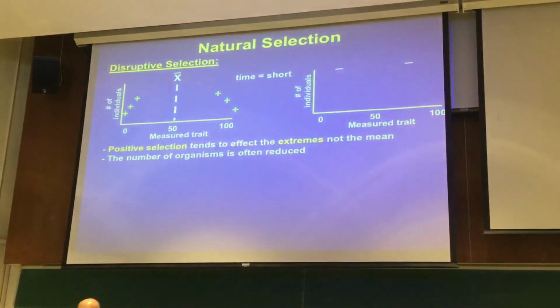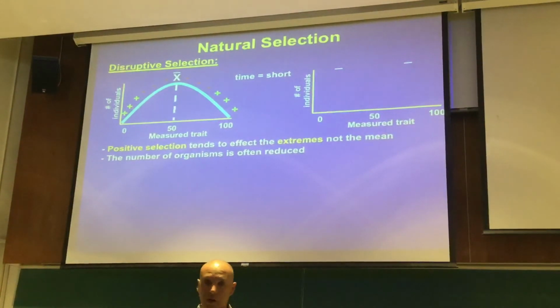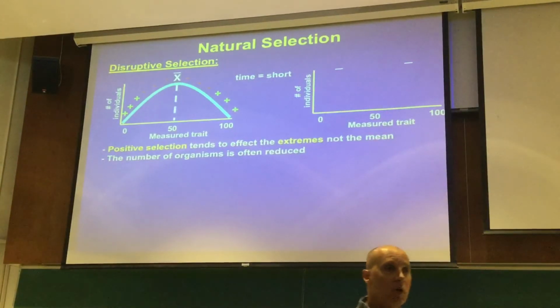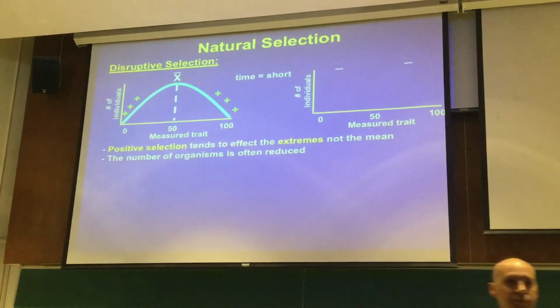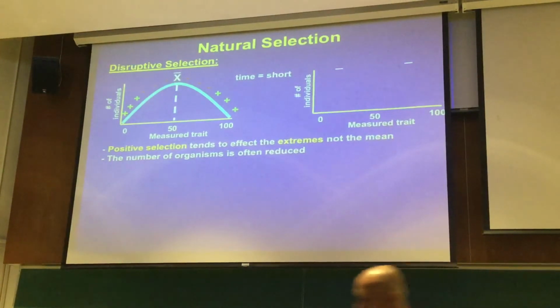So here's an example. We're going to start out with our continuously variable trait. A plot is a bell-shaped relationship, but notice the positive contributions to the pool of genes of the next generation here. Where are they at? They're on the sides. The middle is selected against. So over time, what will this look like? It'll be a bimodal curve, right?